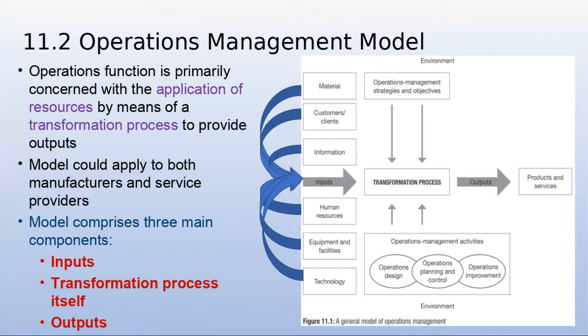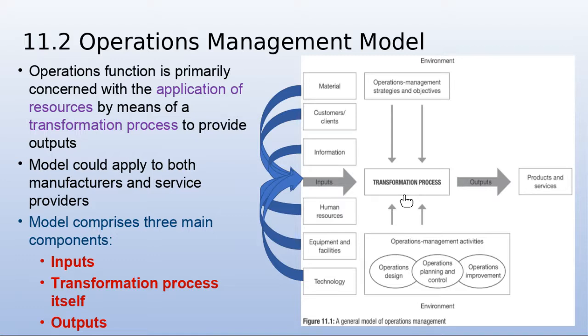So guys, the next thing we're going to look at, so we are still busy with the operations management model, but we are now going to focus on the three main components of the operations management model. So what is the operations function?